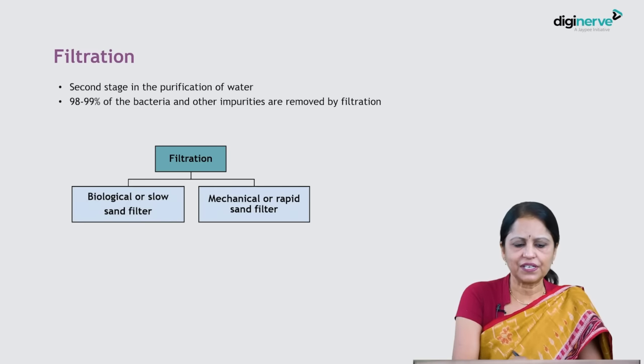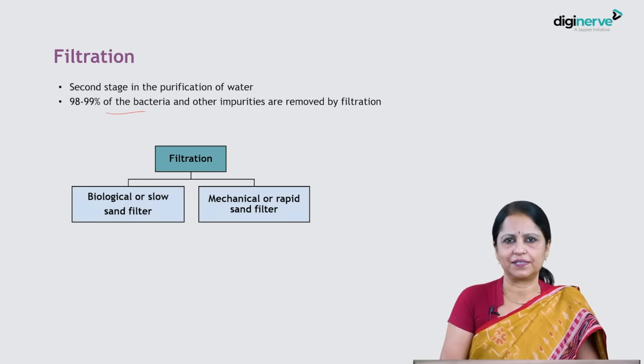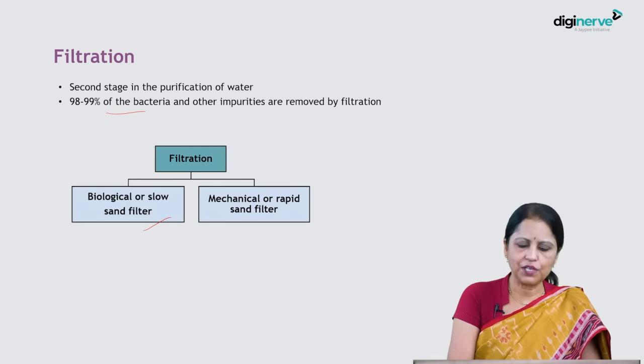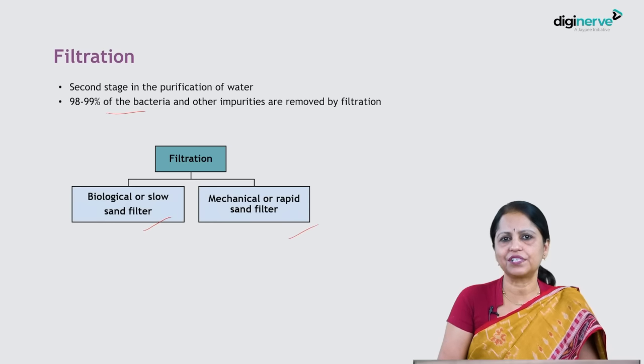So the next stage is filtration. Filtration removes 98 to 99% of bacteria, and this can be done by two processes, either biological or slow sand filtration or mechanical or rapid sand filtration.